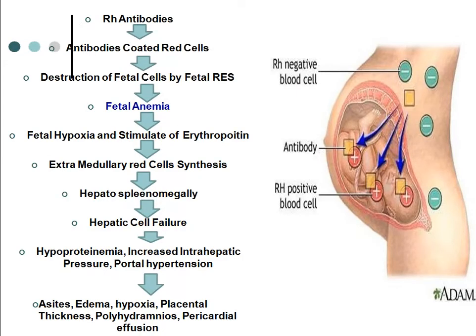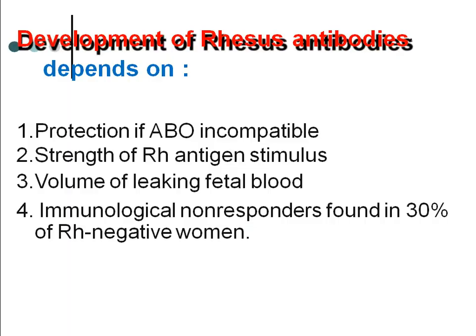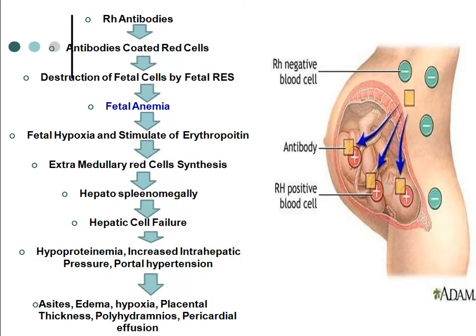So what happens now? These Rh antibodies coat the RBCs of the fetus. The red cells of the fetus are covered by the antibodies which have come from the mother.